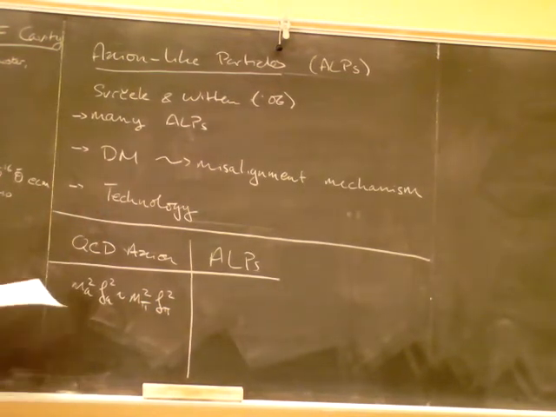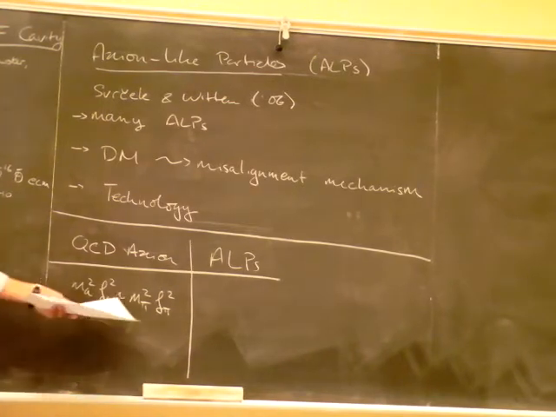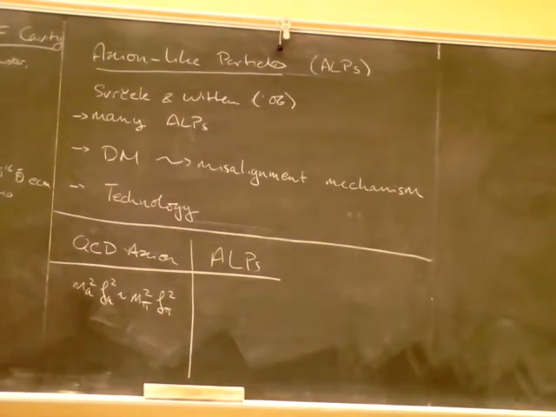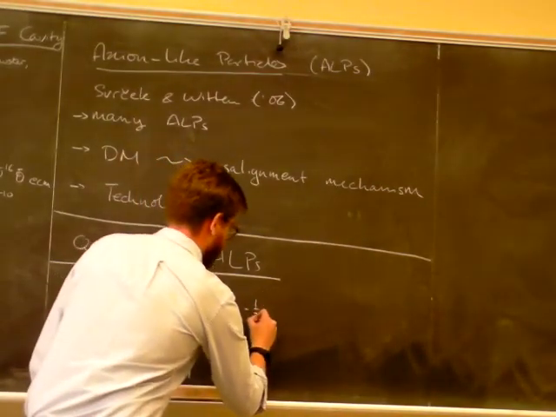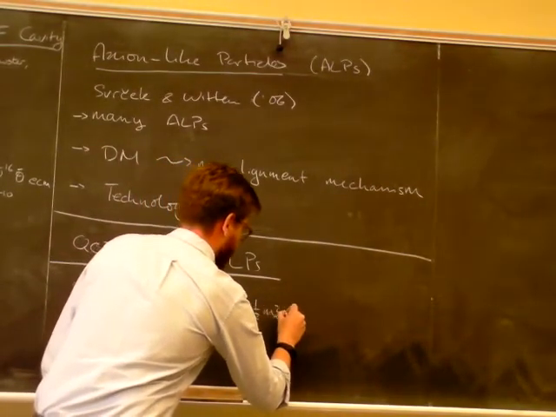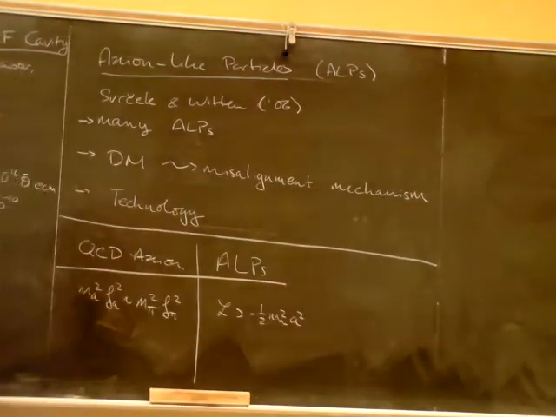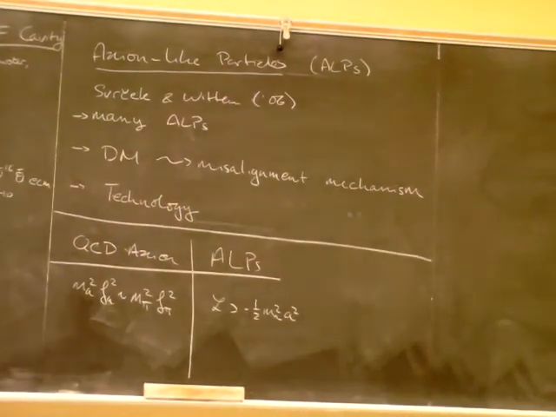So the axion mass times its decay constant should be roughly lambda QCD squared, or thereabouts, up to order 1 factors. In the case of axion-like particles, on the other hand, you just introduce a mass term in your Lagrangian by hand, and this mass can be pretty much whatever you want it to be.